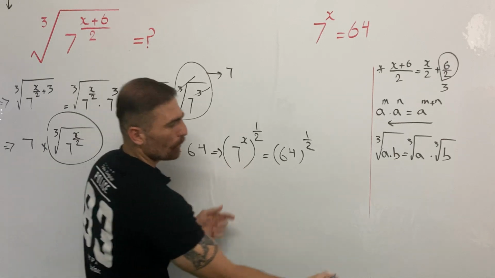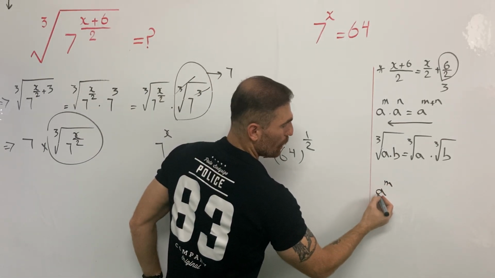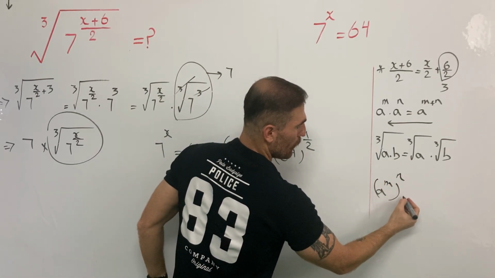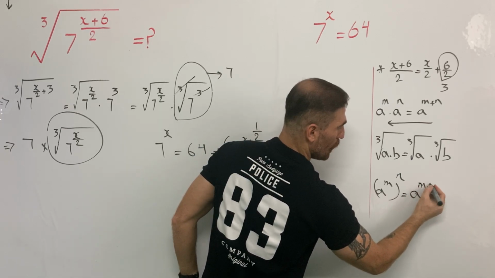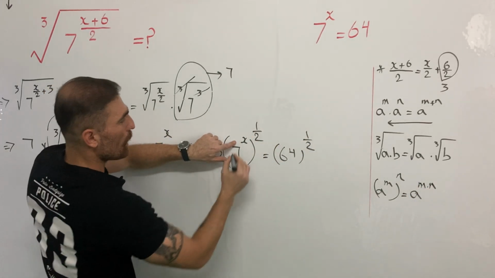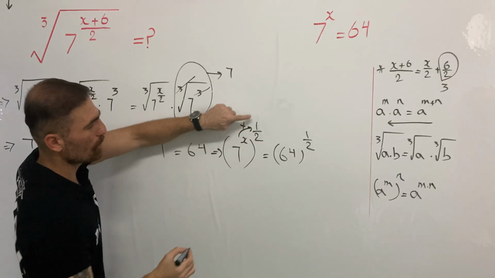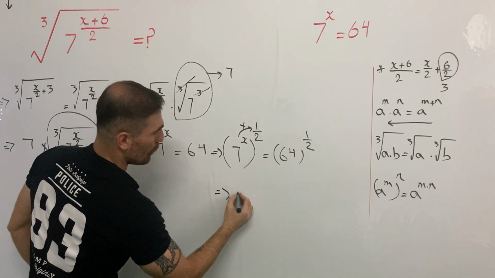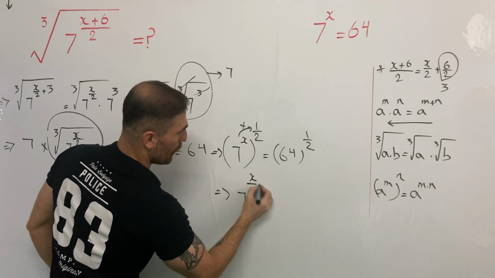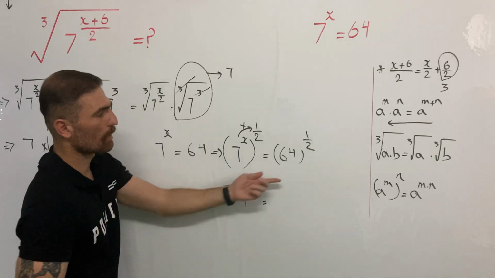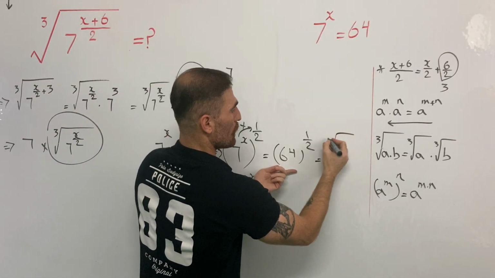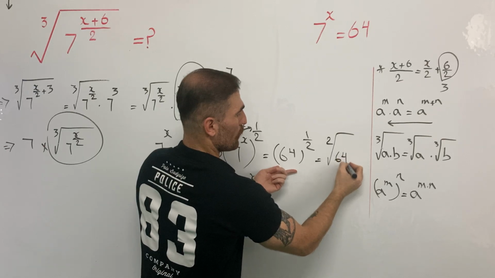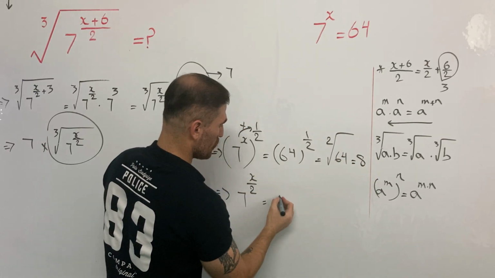What is this? a to the power of m raised to the power of n is a raised to the power of m times n. So x times 1 over 2. It is going to be 7 raised to the power of x over 2 equals 64 raised to the power of 1 over 2, which means the square root of 64, that is 8.